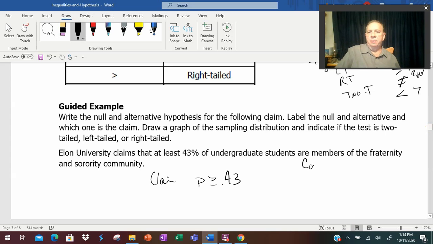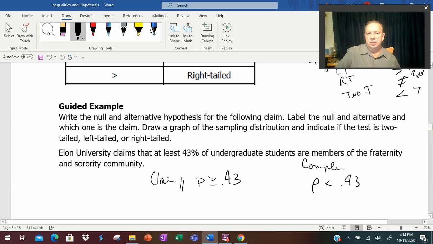So now I need a complement. What's the complement of greater than or equal to? That's just the less than, and it's the very same number. Whatever claim you see that the statement wants to prove or disprove, that is from the statement, okay? Now what do I do next? Assign H0 and H1. I'll look for the one that's equal. That's the one I'm going to make H0. I always go H0 first.